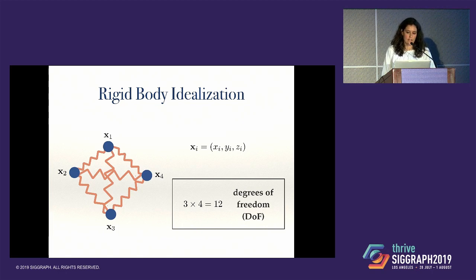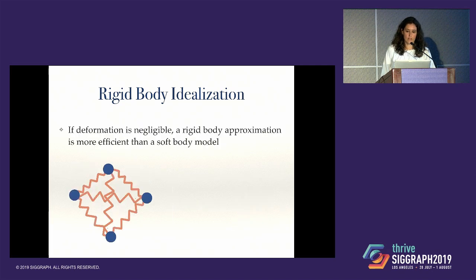Okay. Now, if I have an object where I really don't care about how it deforms or squishes, I just want it to maintain its shape, and I just want to be able to simulate how it translates and rotates in space, a common approach is to say this is going to be represented as a rigid body.